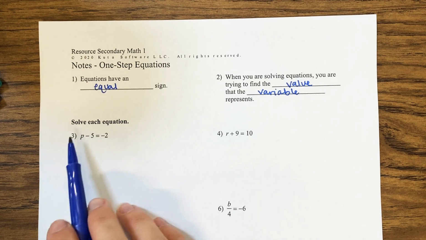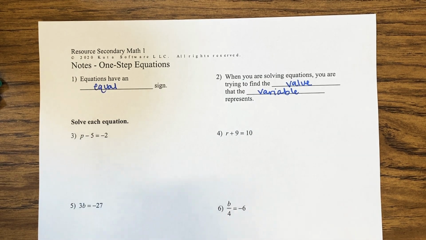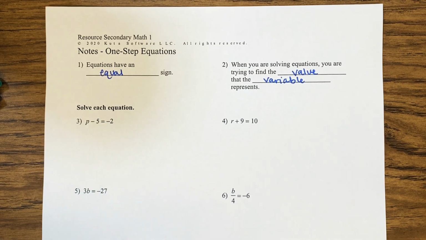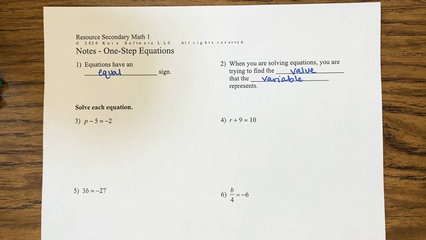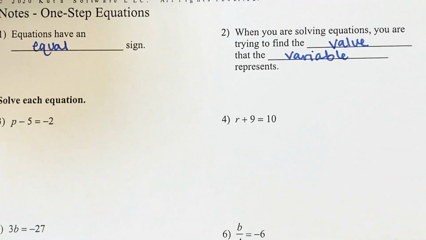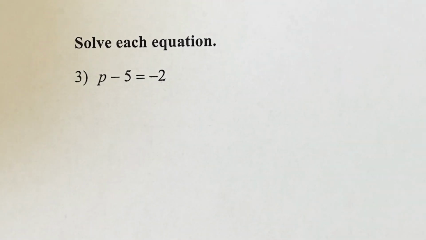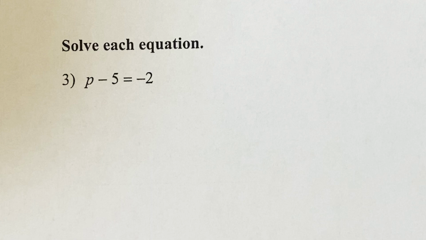It's almost like there's a hidden number behind this variable that we need to kind of solve the puzzle to find. So let's zoom in to number 3 and let's actually solve them.